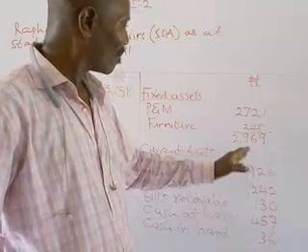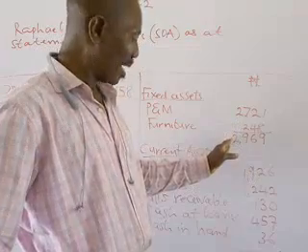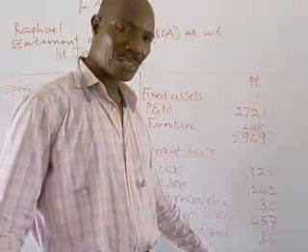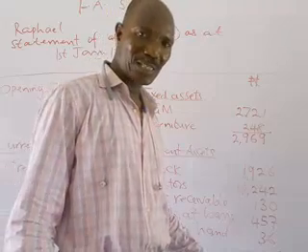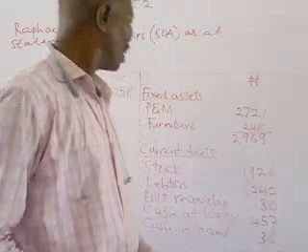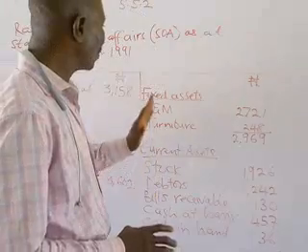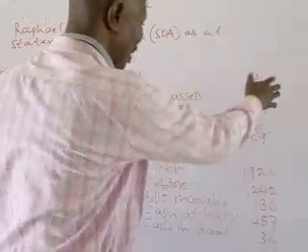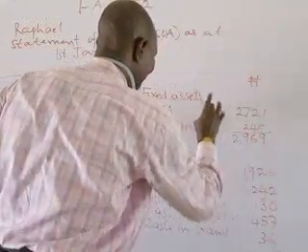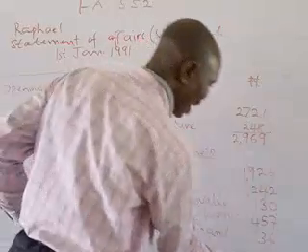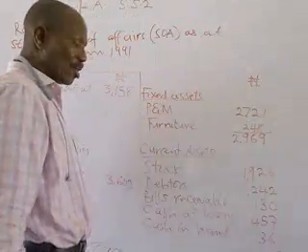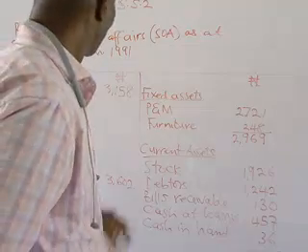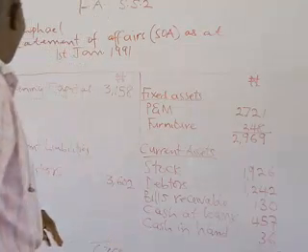Add this together with the fixed assets value, that will give you 6,760. As I said earlier, you start with the fixed assets, then fixed assets plus current assets will give you 6,760.